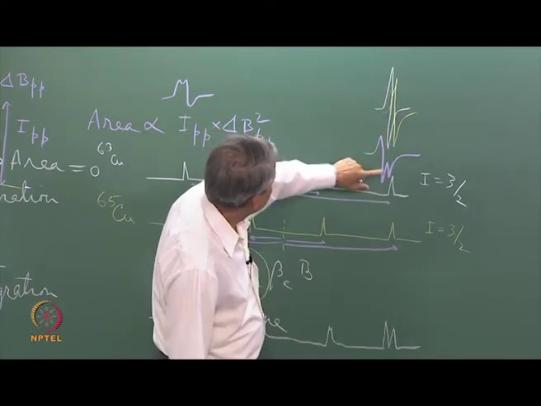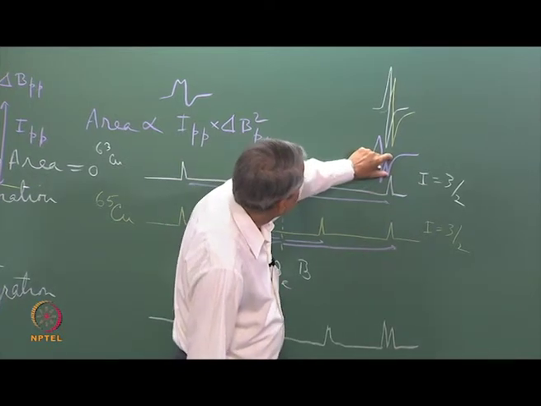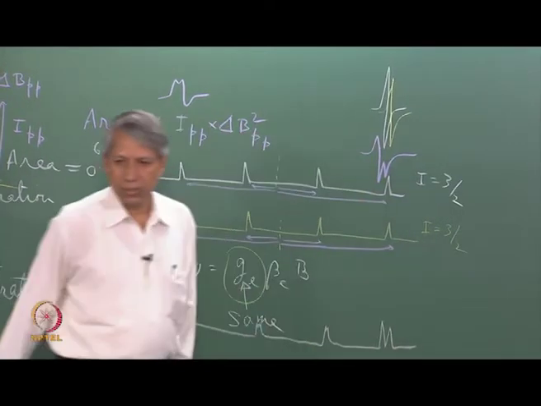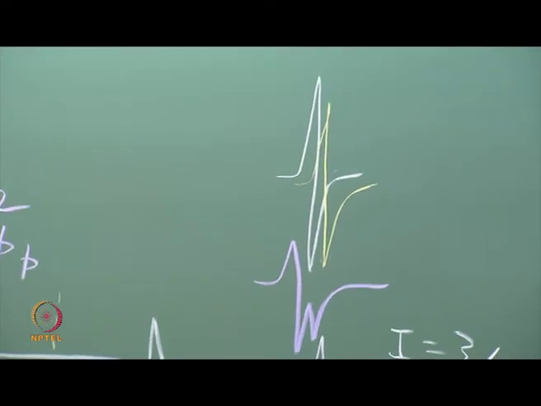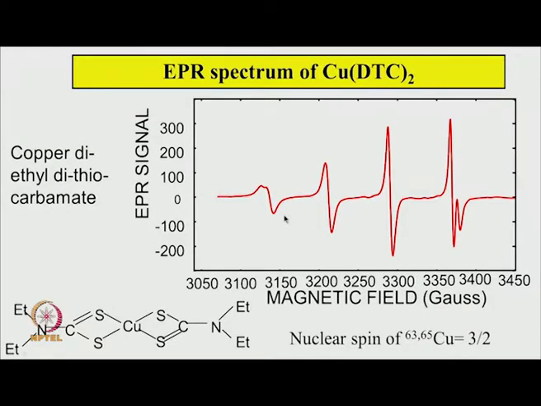So, we will see this will have a smaller signal than this one, and that is exactly what we see here. So, we understand how this signal appears. Again, the width changes gradually from the rightmost to the leftmost signal.